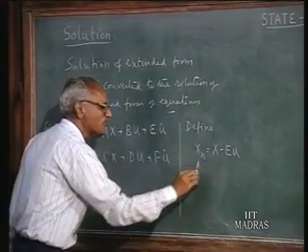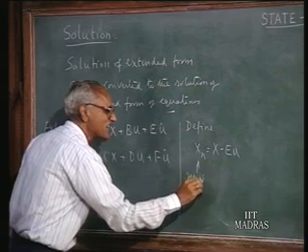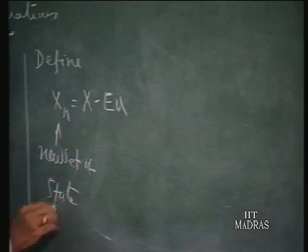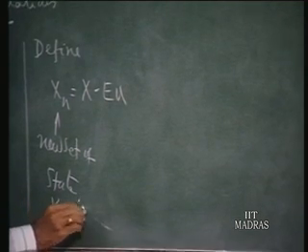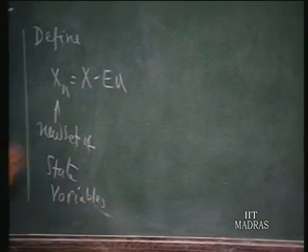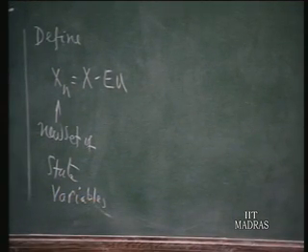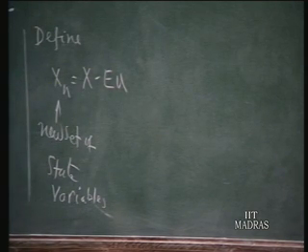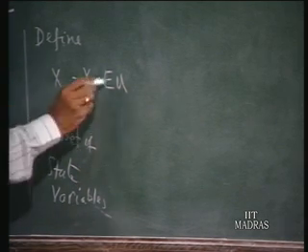So this is a new set of state variables, which are related to the old state vector by x minus Eu. So this new set of state variables not only are dependent on the old state variables, but also the source function here.